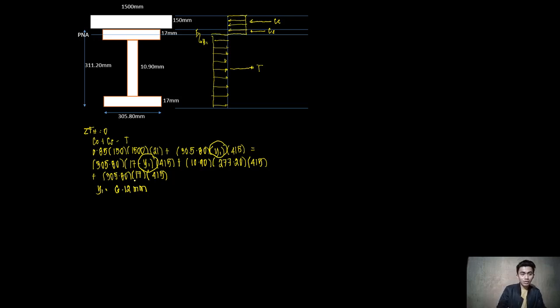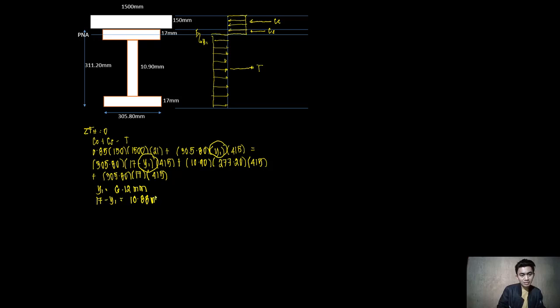So we now know the value for y sub 1, which is 6.12 mm, wherein what is the remaining value? 17 minus y sub 1 will therefore be 17 minus 6.12, that is 10.88 millimeters.